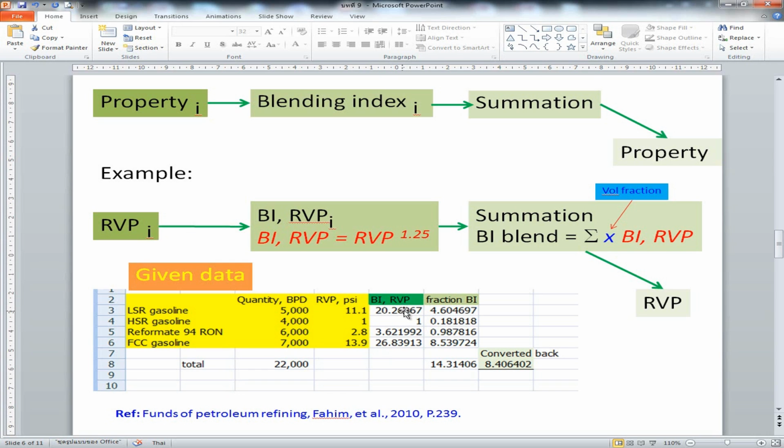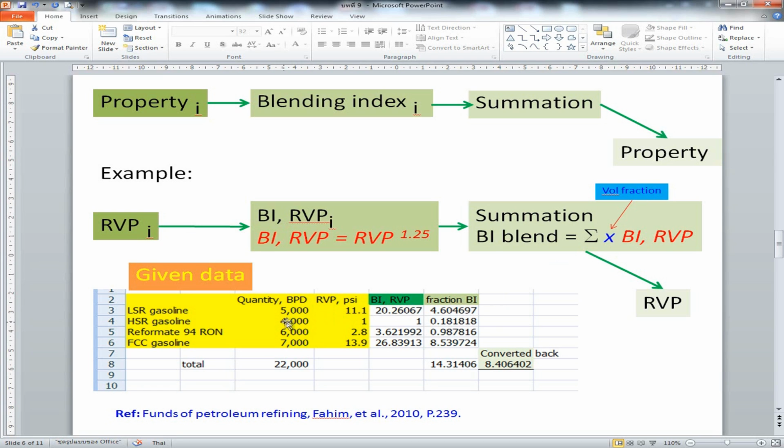After that, we do the summation using the blending index. Of course, now we can use the summation based on the volume fraction. So we have the volume fraction here, multiply with that, and what we get is a fraction of the blending index.